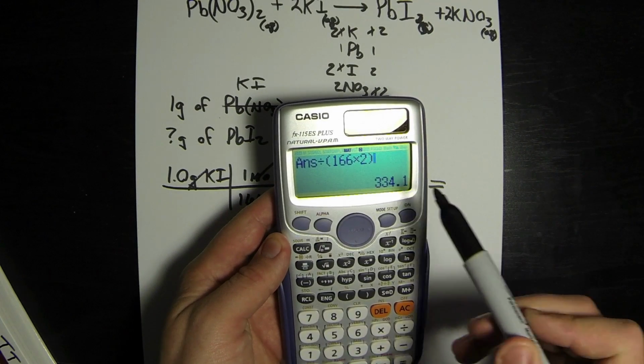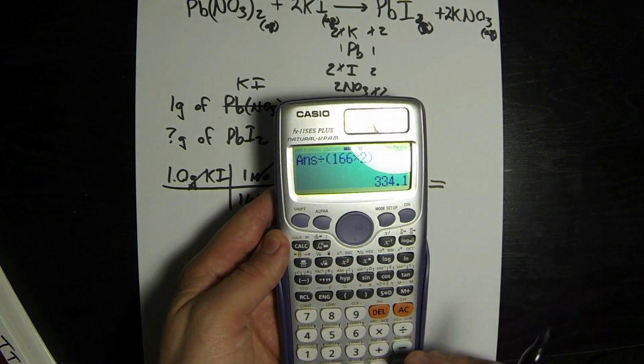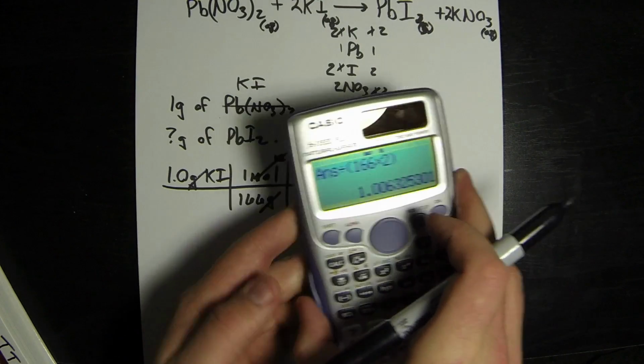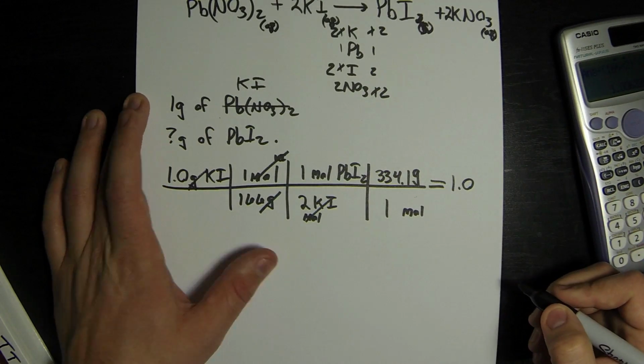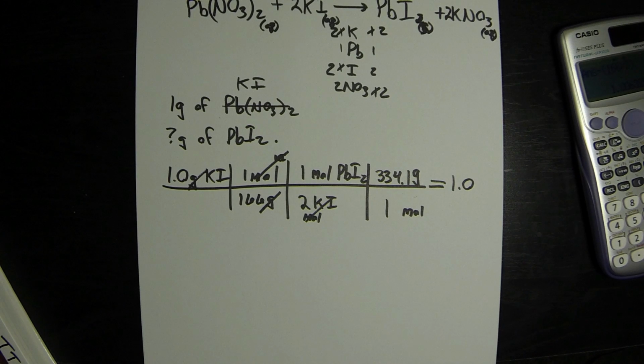Divided by 166 times 2. And you hit that button. And look at that. Lo and behold, we just end up getting 1.0 back. That is pretty interesting that worked out. If you use 1 gram of KI, you will get 1 gram of lead iodide back. Kind of neat how that worked out.